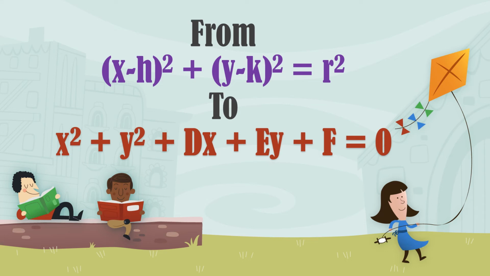So, pag tinignan nyo ha, nauuna yung x squared, susundan siya ng y squared, tapos yung term na may x, at yung term na may y, plus the constant term equals 0. So, how is it done?